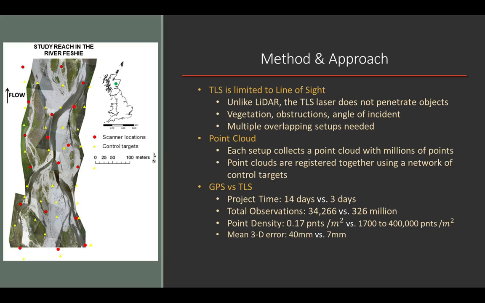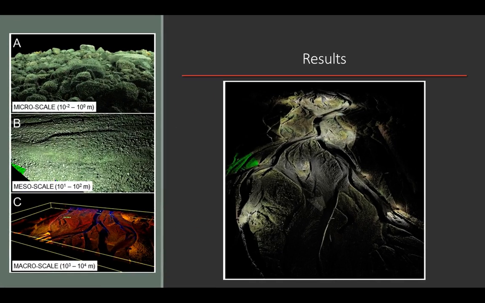And the point density was an abysmal 0.17 points per meter squared versus up to 400,000 points per meter squared with the scanning. And there was a mean 3D error of about 40 millimeters versus 70 millimeters.